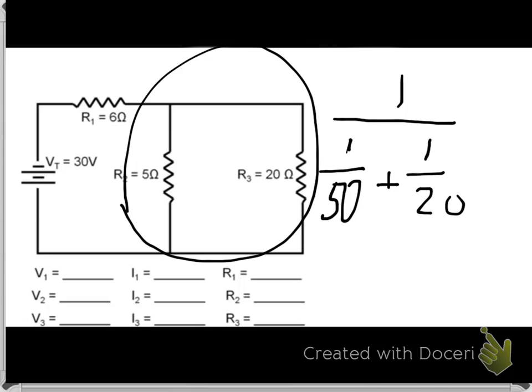We do this by using the previous equation of 1 over resistance 1 plus 1 over resistance 2. And after plugging in the values of the resistors in this complex circuit, we get 1 over 50 plus 1 over 20, which equals 4 ohms.